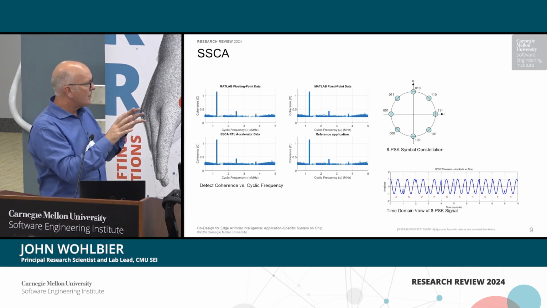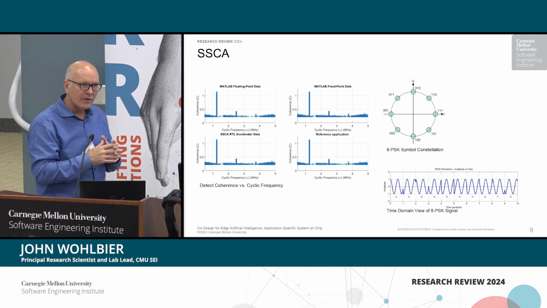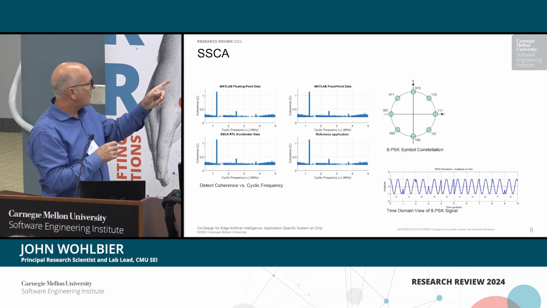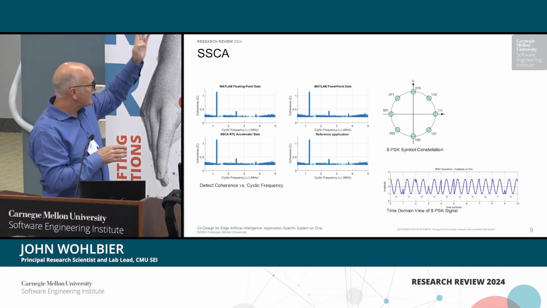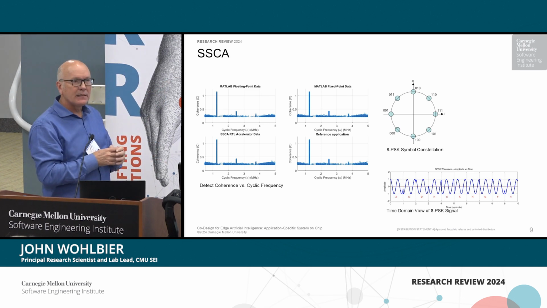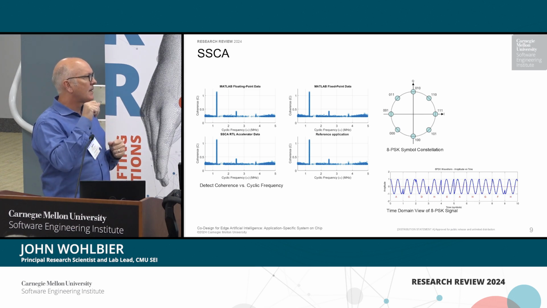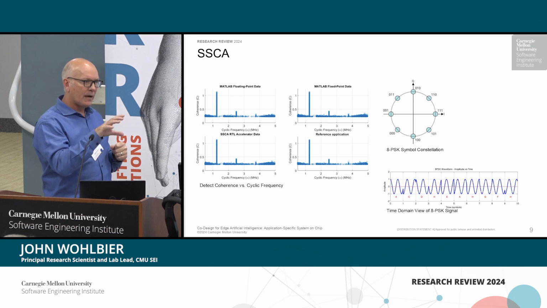Well, if I put one of those through this SSCA algorithm, what do I get? That turns out to be the stuff on the left. The big spike is the data rate. It's the rate at which I modulated the signal when I put it in.